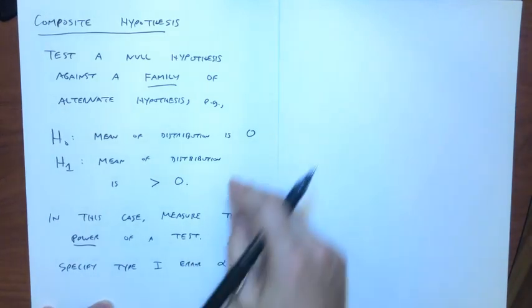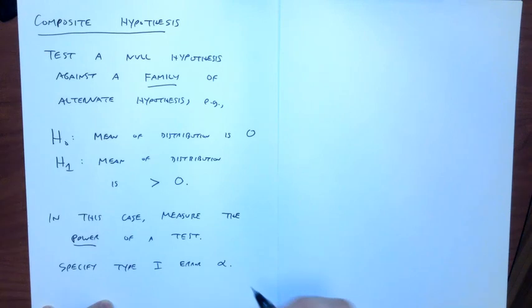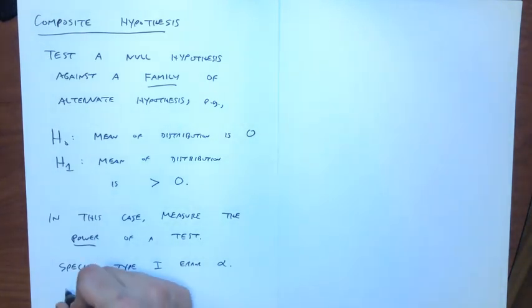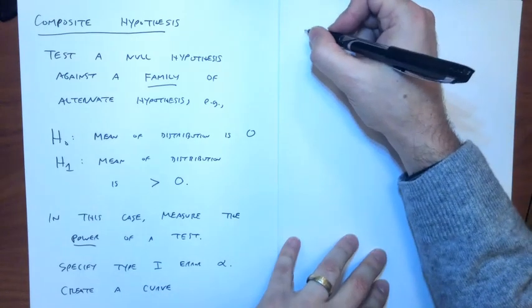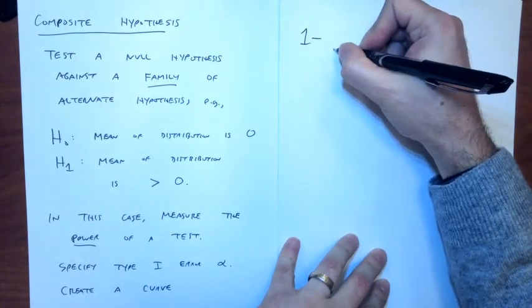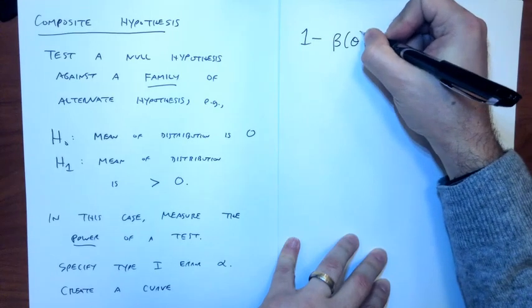I can know about alpha because that only depends on the known distribution of H0, right? And then I can create a curve, which would be something like 1 minus the type 2 error.